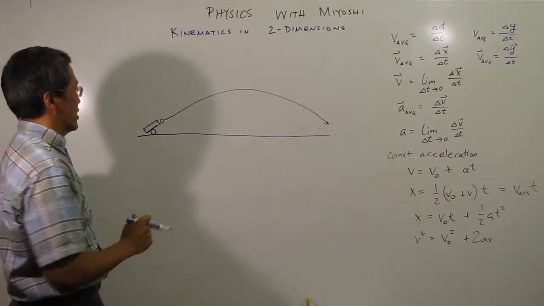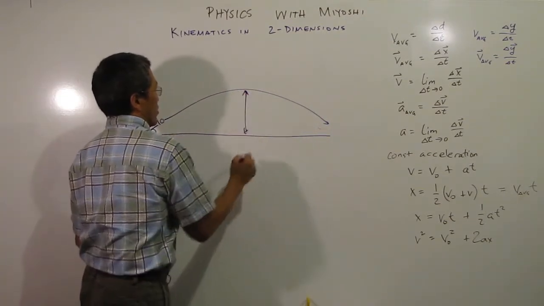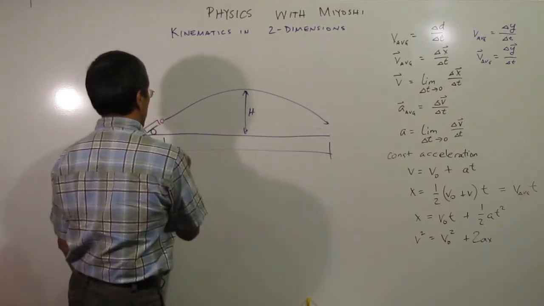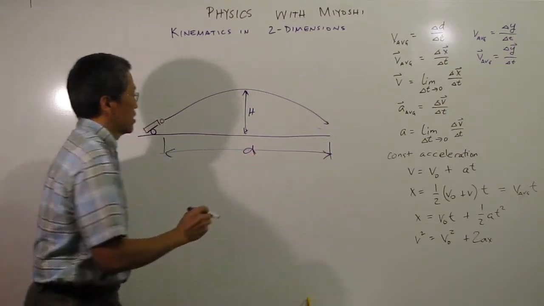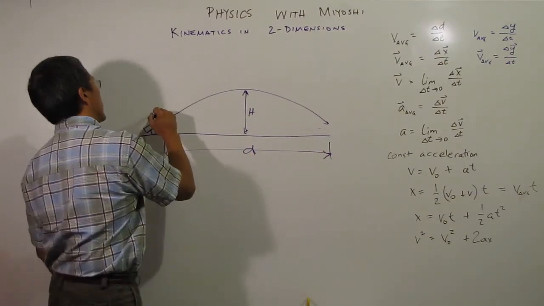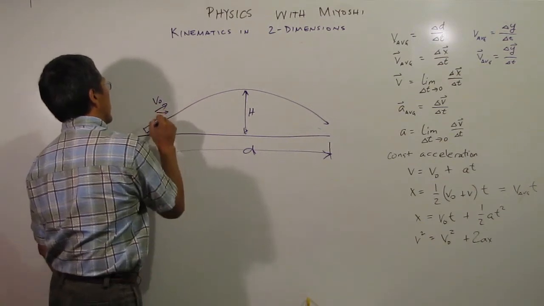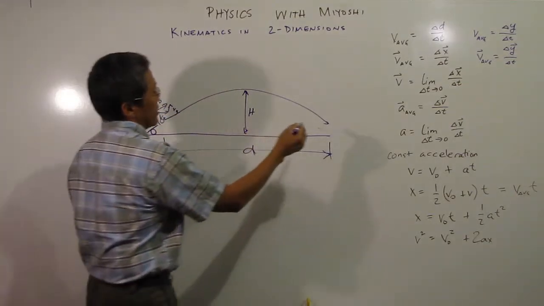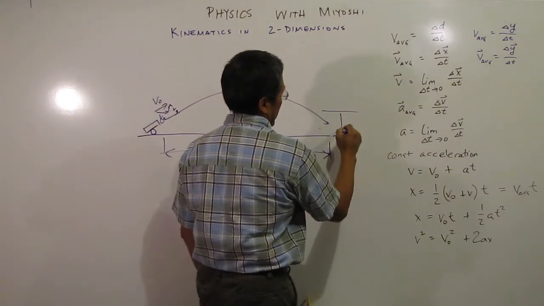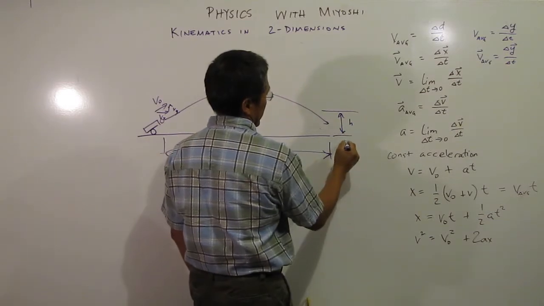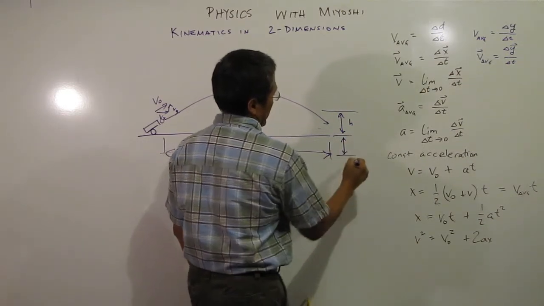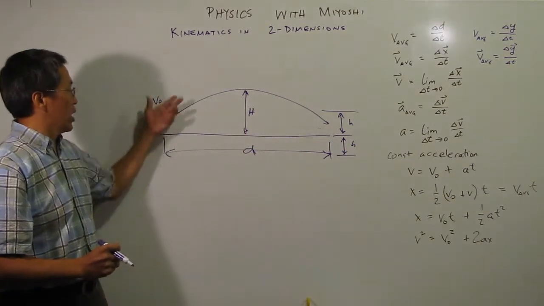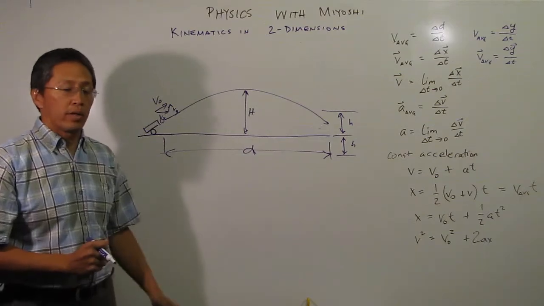But we would have something like this where maybe we want to know the height, or we want to know the distance. We'll probably want to either know the v0, or maybe we know the vx, or the vy. And sometimes we'll have a little h, a height distance here, or even a drop below there. These are equations where we know some of these guys and don't know others, and we want to find them.